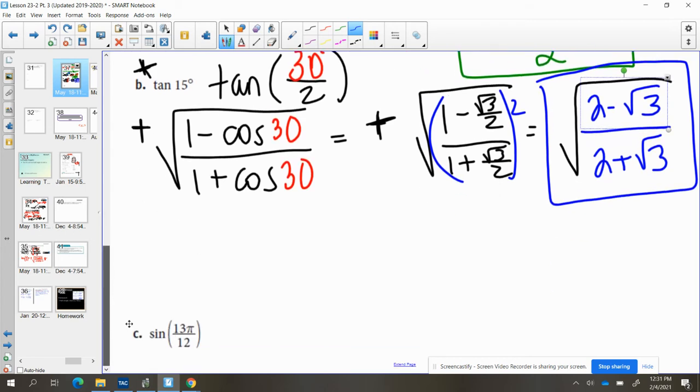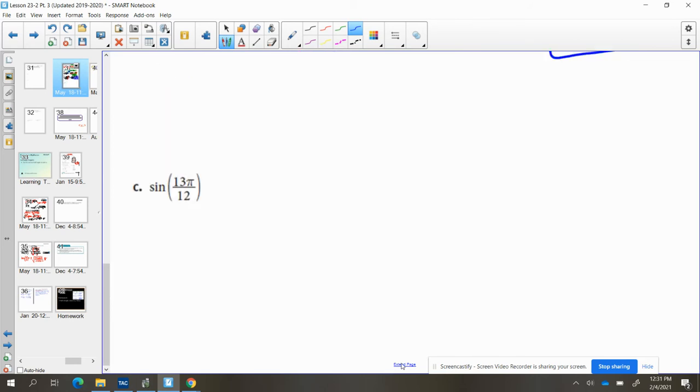Now, finally, for the last example of today, we have sine of 13 pi over 12. Again, you always have the option of converting this to degrees if necessary, if you don't like dealing with radians.